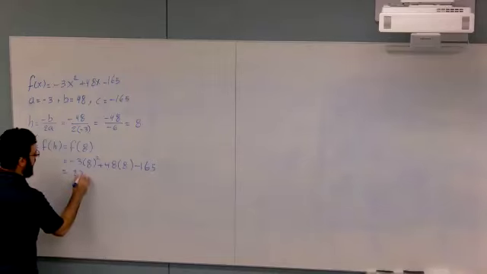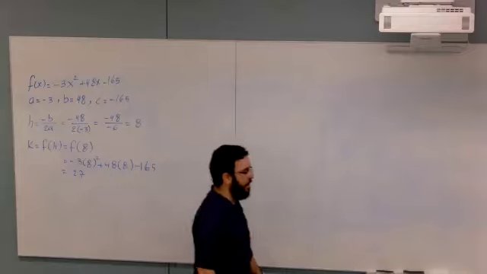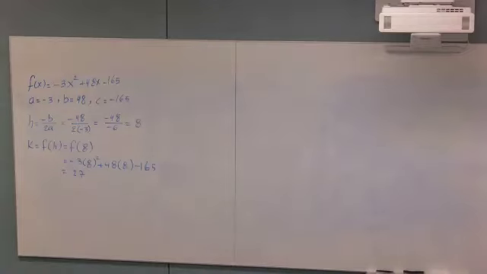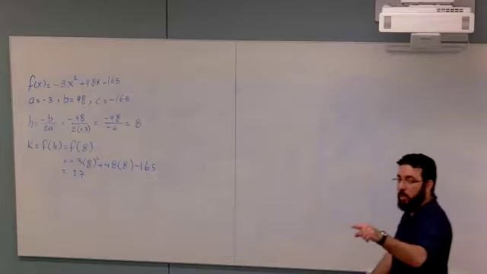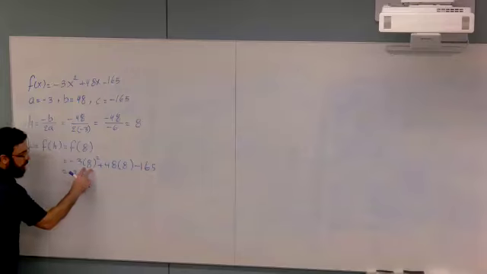I don't know if I got it right, I did it in a hurry. Let me check again. Yeah, 27. Be careful when you plug in everything in the calculator here. Make sure to put the parentheses.